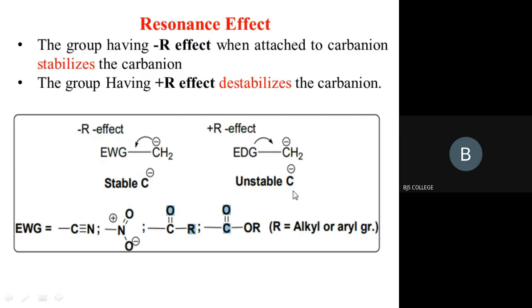But exactly the opposite will happen if you have an alkyl group, alkoxy group or amine group attached to your benzene ring, because they are electron donating groups. Nitrogen and oxygen have lone pairs of electrons which can be donated to the ring, and then the ring becomes electron donating, and that will make the carbanion highly unstable.